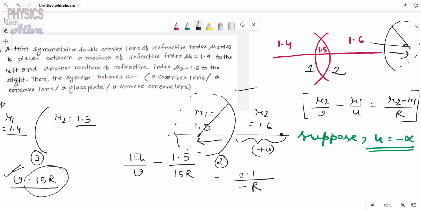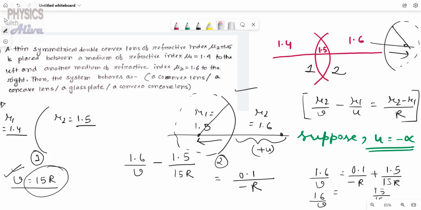So from here we get 1.6 by v is equal to 0.1 by minus r plus 1.5 by 15r.